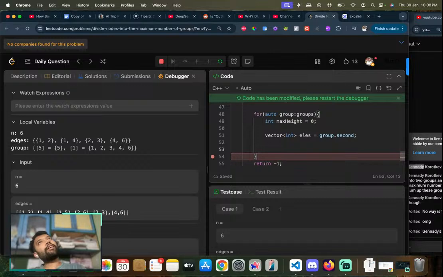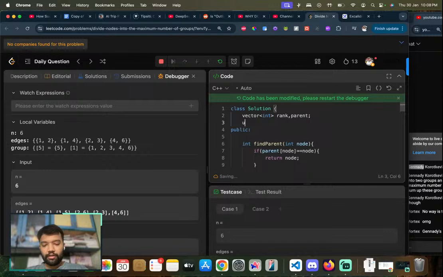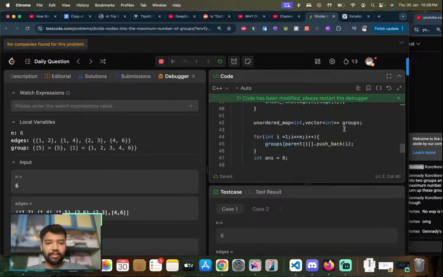So for all the elements, we find the max height. So we make an adjacency list also. Unordered map of int comma vector, and adj. We have this adjacency list.